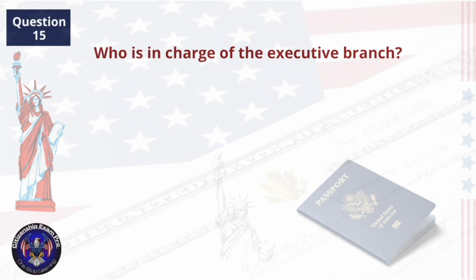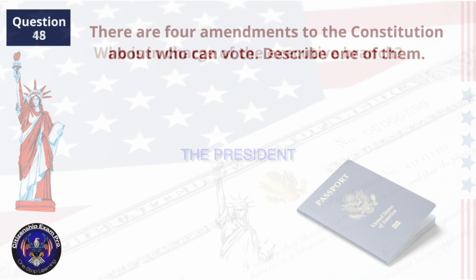Who is in charge of the executive branch? The President. There are 4 amendments to the Constitution about who can vote. Describe one of them.